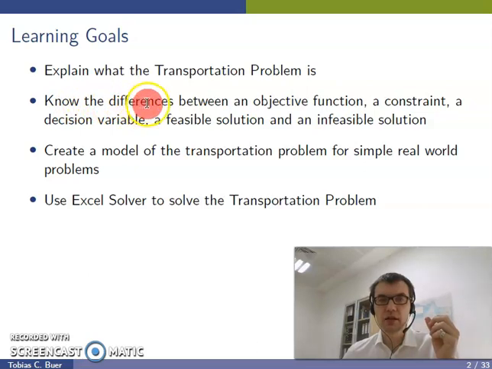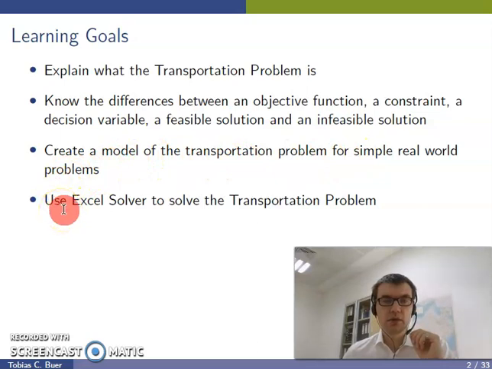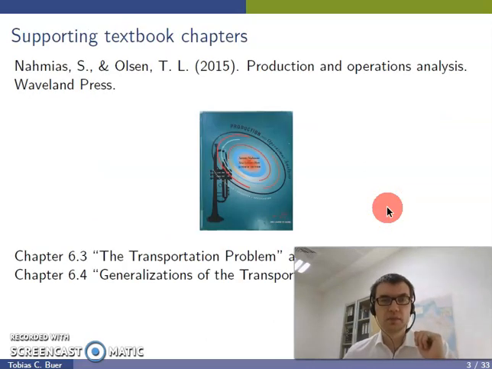Namely, you should know the differences between an objective function, a constraint, a decision variable, a feasible solution, and an infeasible solution. You should be able to create a model of the transportation problem for simple real-world cases, and you are able to use the Excel solver to solve the transportation problem. Let's start.